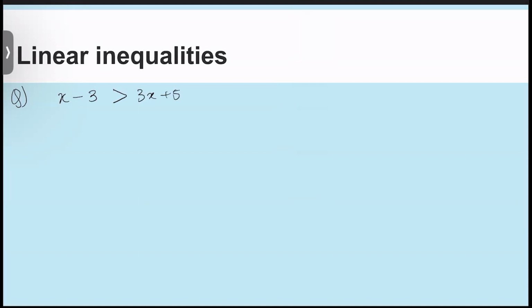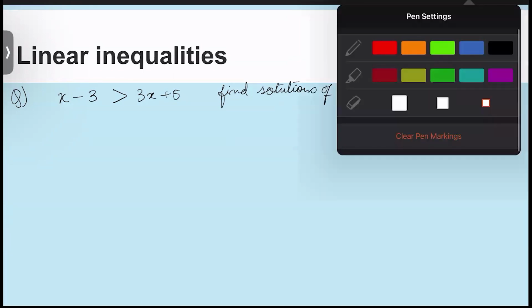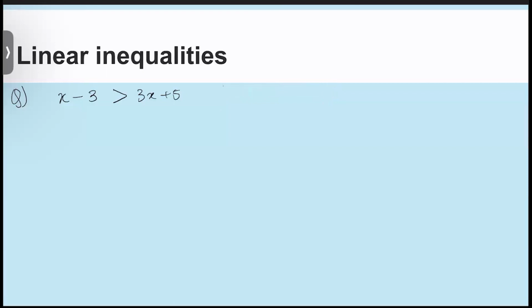Let's begin with simplifying the linear inequality, to get it in the simplest form.